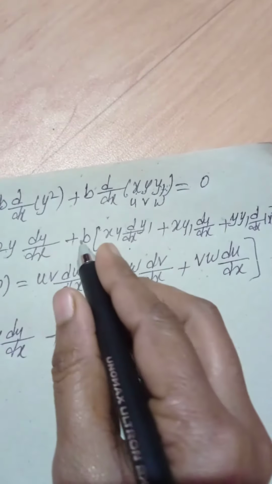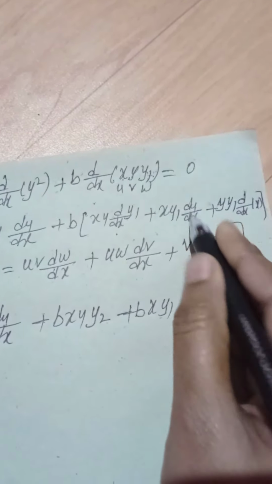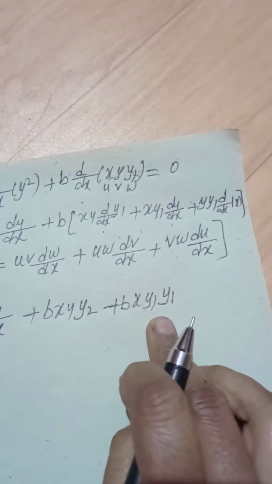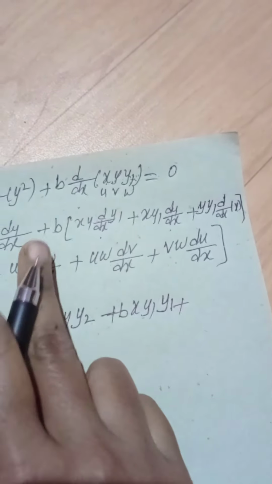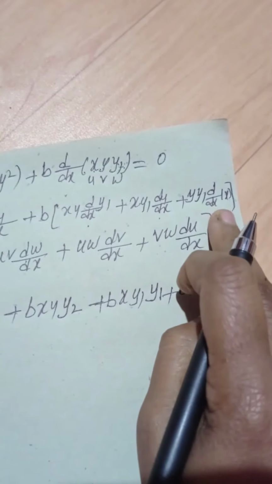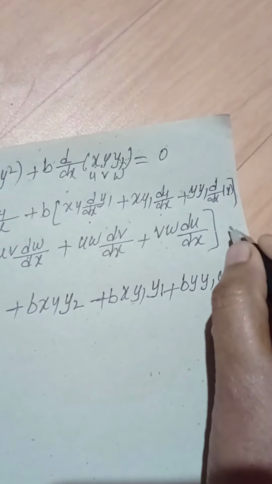Next plus b x y1 dy by dx is y1, plus next b y y1, here differentiation of x is 1, that equal to 0.